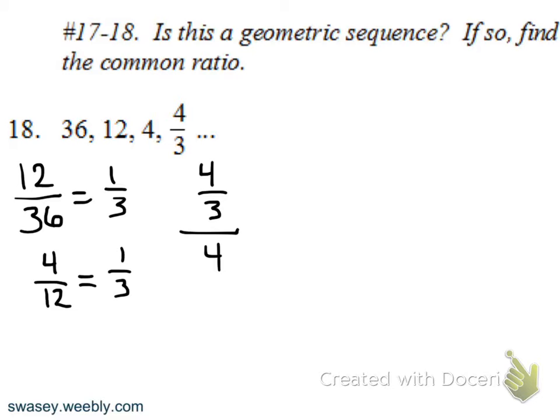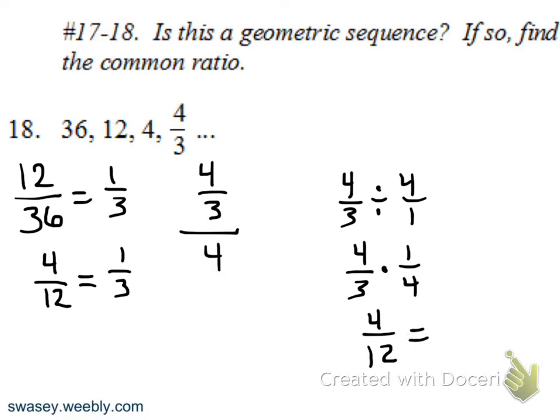If you're not using a calculator, the way that you'd figure that out is 4/3 divided by 4/1. Divide fractions, multiply by the reciprocal. And so we get 4/12, or 1/3. So every time here we get 1/3, so we'd say yes, the common ratio is 1/3.